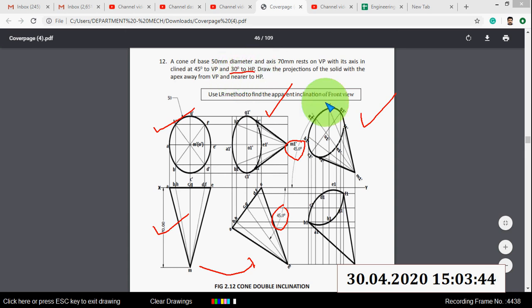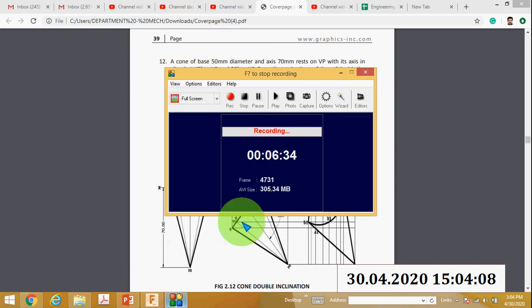Here the HP inclination is 30 degrees, but you can see the angle is 45 degrees. This 45 degrees is the apparent inclination. This is the axis length, this is the apparent length of the axis, and this inclination is the apparent inclination of this apparent length. You have to find this apparent inclination using the line rotation method. Refer to projections of lines, then project this and complete it. I hope this problem is clear.